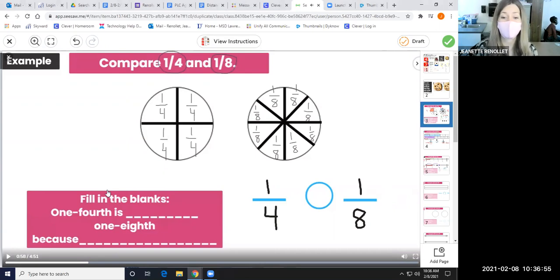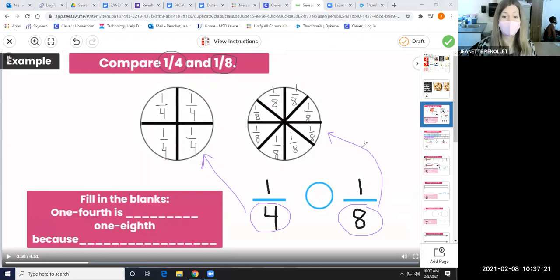So the first job we want to do is look at the denominators. So 4 and 8. Then we show by partitioning into 4 equal parts and 8 equal parts.